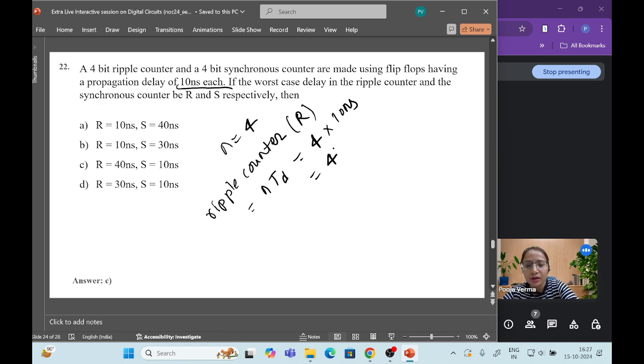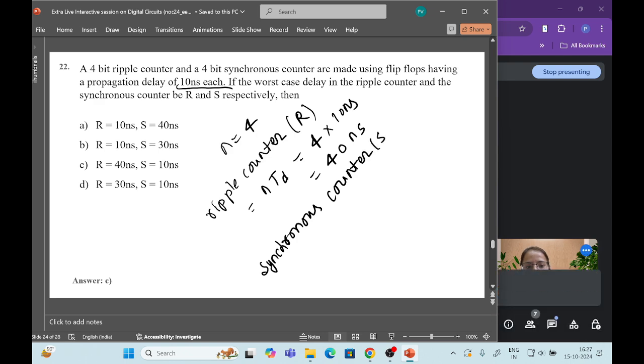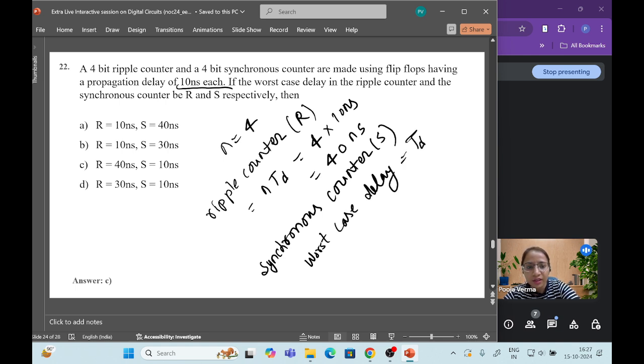That means for the ripple counter the worst case delay is 40 nanoseconds, and for the synchronous counter, that means S, the clocks are given simultaneously, so the worst case delay will be TD only, that means 10 nanoseconds only.